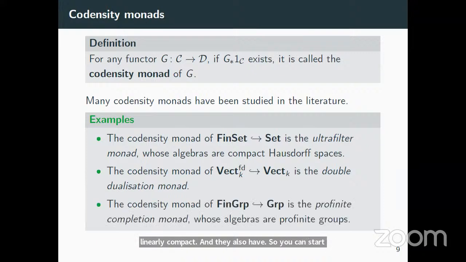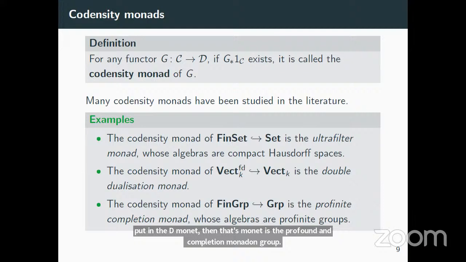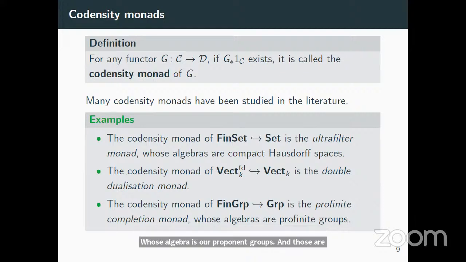One last example, again, of including finite things into all things, is if I take the inclusion of finite groups into groups, and I take its codensity monad, then that monad is the profinite completion monad of groups, whose algebras are profinite groups. And those are, again, sort of topological groups that are limits of finite groups. So somehow it seems that this codensity business magically makes topology appear whenever we consider finite things inside more things.